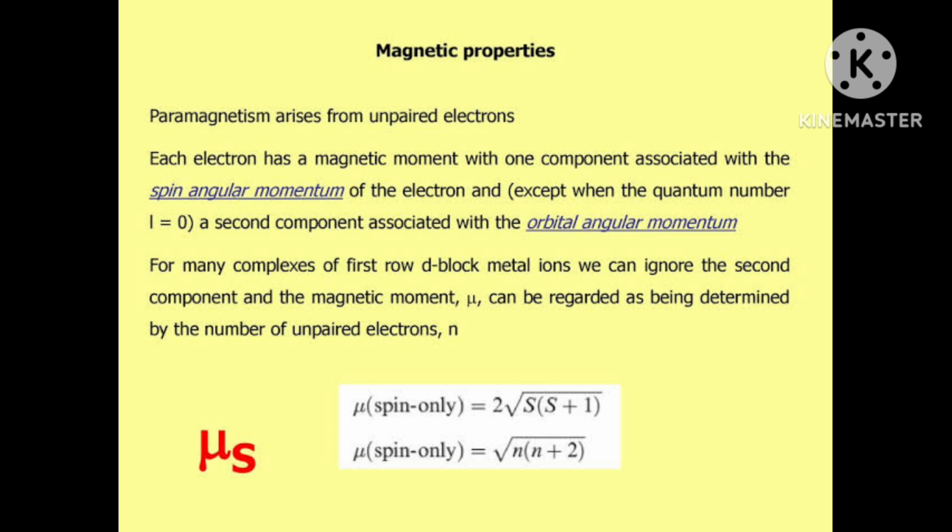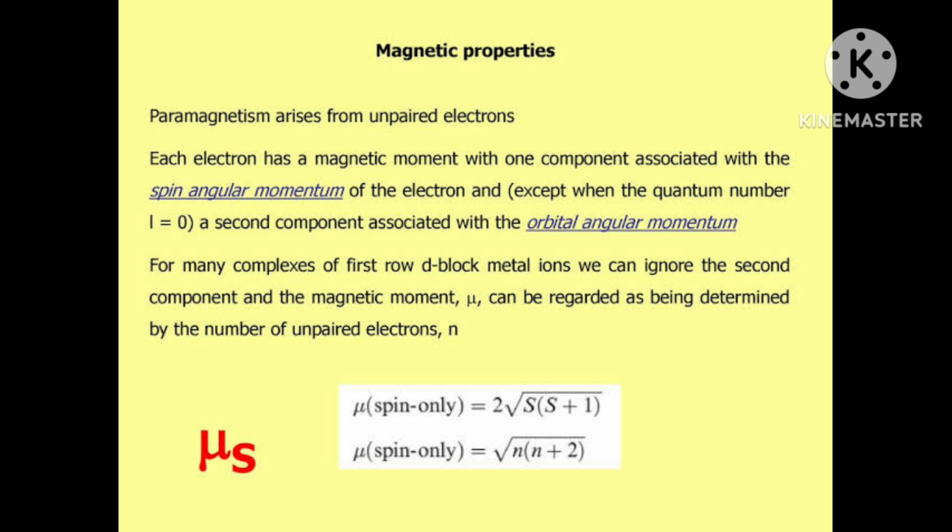Ligands are considered as point charges in case of anions, and if ligands are neutral, they are called dipoles.